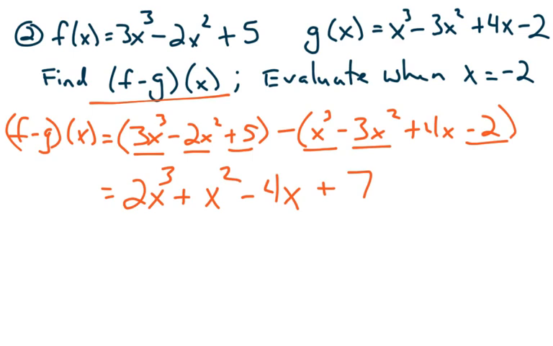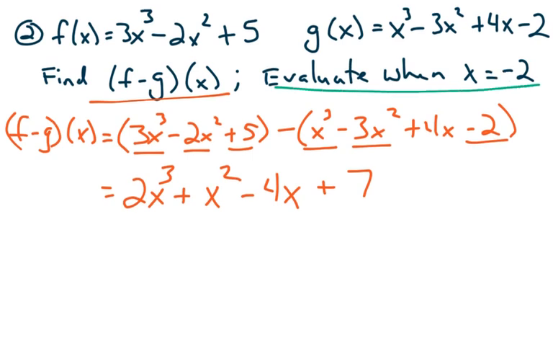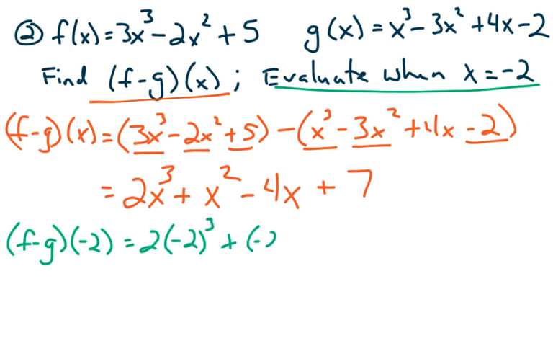Next thing we need to do is to evaluate when x equals negative 2. So we're going to have f minus g of negative 2. Let me rewrite that so it's proper. Everywhere there's an x, we're going to make that negative 2 cubed plus negative 2 squared minus 4 times negative 2 plus 7.